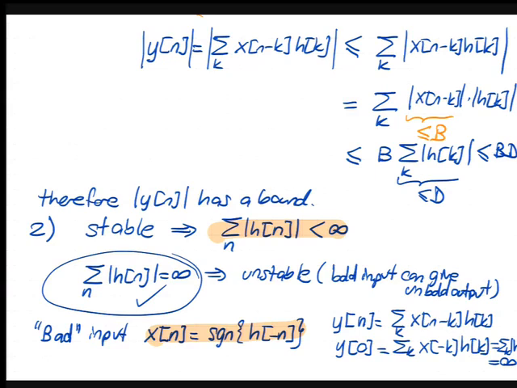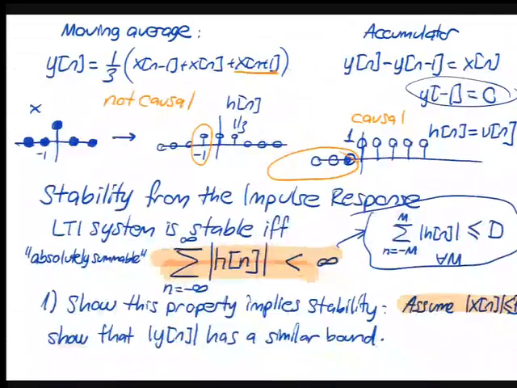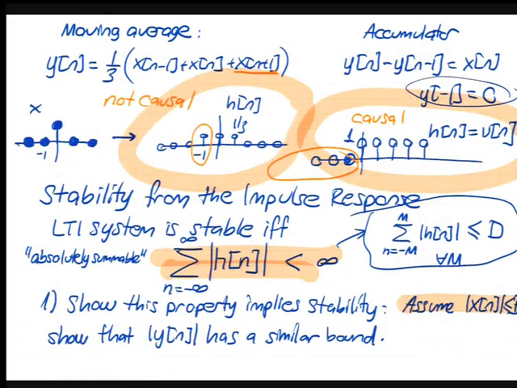Now let's go back to our famous examples, the moving average system and the accumulator. We know their impulse responses. For the moving average, the impulse response is this. For the accumulator, the impulse response is this, right? So tell me quickly if each one is stable or not. Just looking at the impulse responses, because you know how to do that. Does the sum of h from time negative infinity to infinity, after taking absolute value, exist?